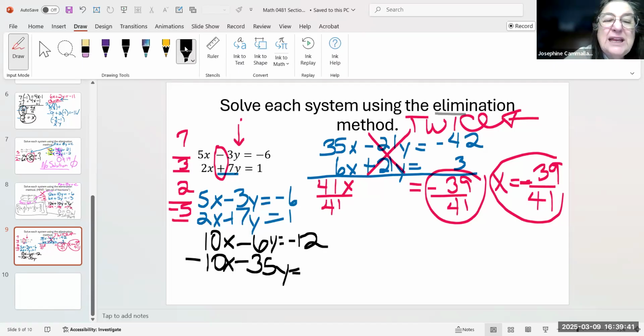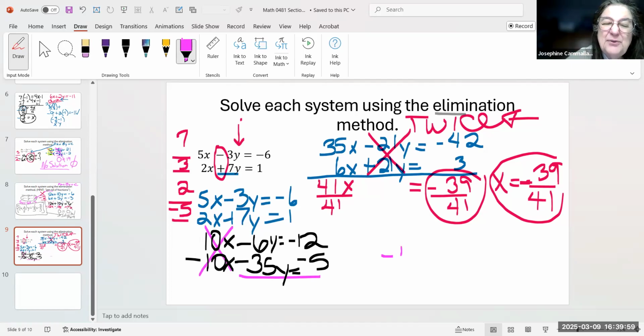And this is going to equal, in this case, negative 5.